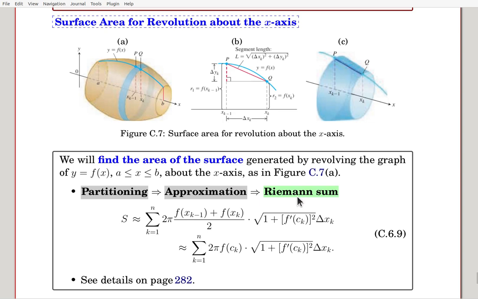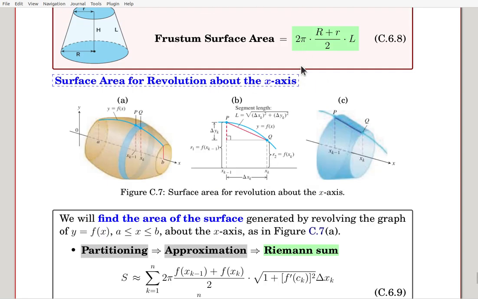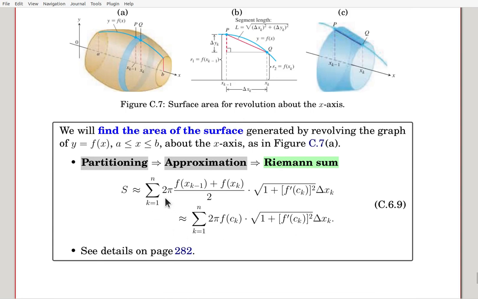That addition is a Riemann sum. So by using the formula, we have 2 pi, the average height, and then the length. That length is the same as the square root of 1 plus f prime squared, times dx.